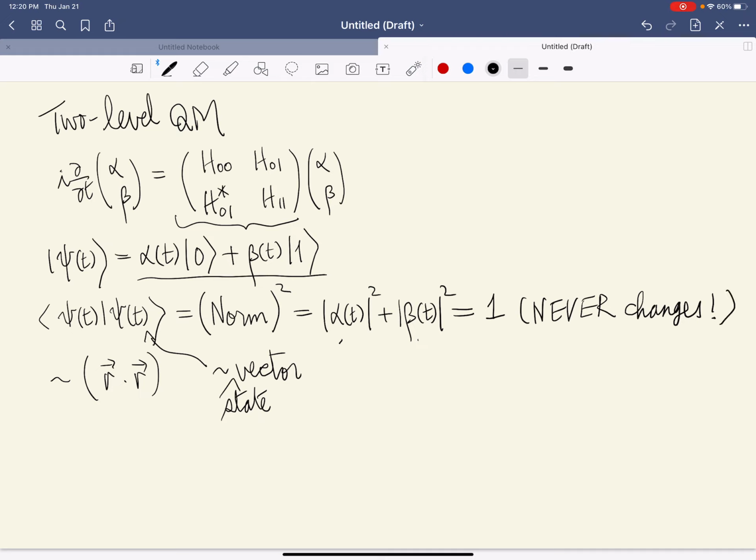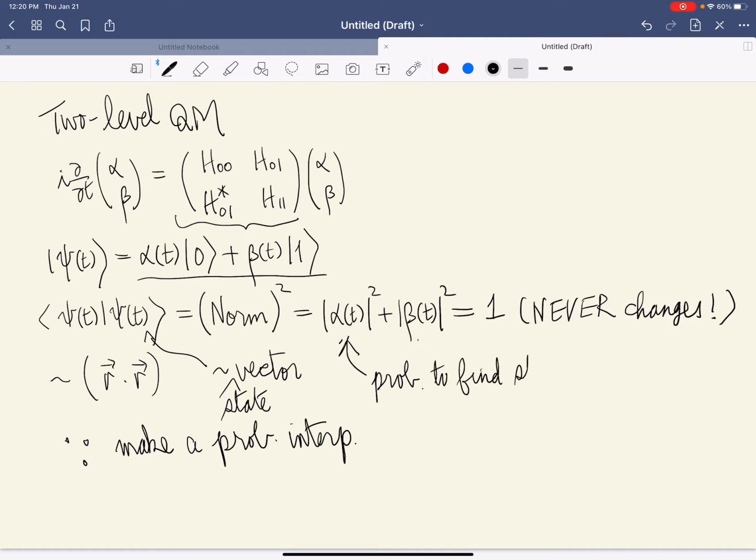Okay, and the reason why I insist that this normalization be constant and not changing with time is because we want to make a probability interpretation of these numbers. Okay, so we claim that this is a probability with which the state can be found in the zero state.